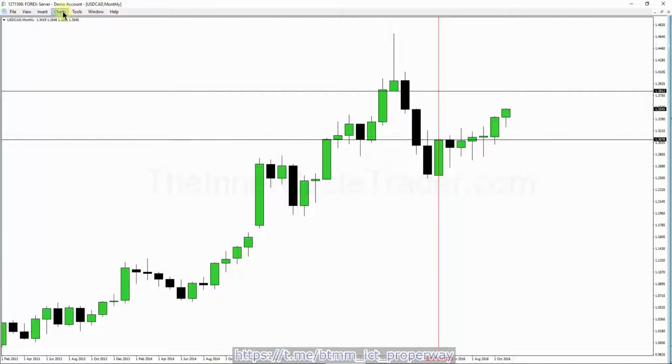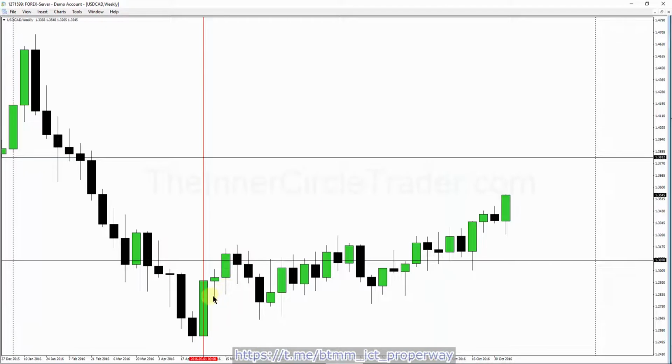If we go into a weekly chart, we have price still in a long-term consolidation, many weeks going by here. And these 2 down candles here, price trades through it on this candle here. So now we have activated 2 down candles as a bullish order block. We have upside movement here.